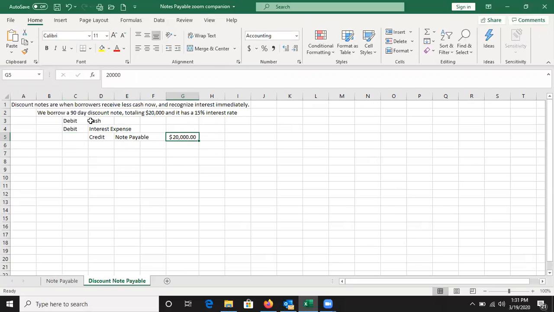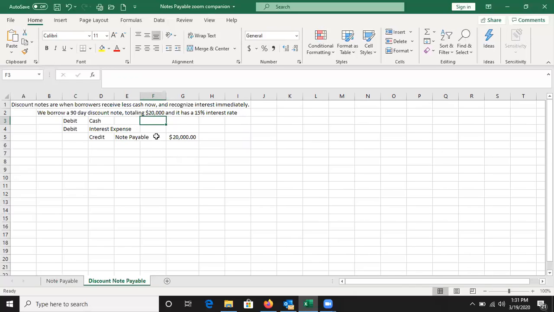Now, with a discount note payable, the total value in this case is $20,000. But with discount notes, we do not receive that full amount. With a discount note, we receive the $20,000 less the interest that would accrue on this $20,000 over 90 days.